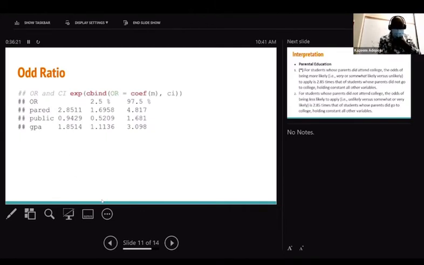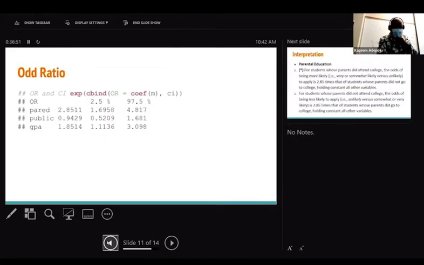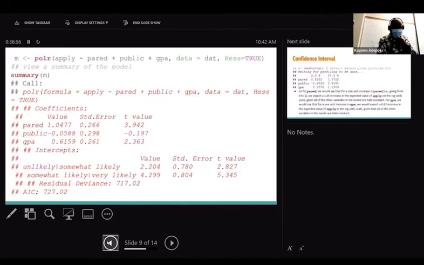Now the interpretation is this. For students in public school, the odds of being more likely, meaning very or somewhat likely versus unlikely to apply, is 5.71% lower. How do I get the percentage? You take 1 minus 0.943. Where do I have 0.943? You can look at what we have here.